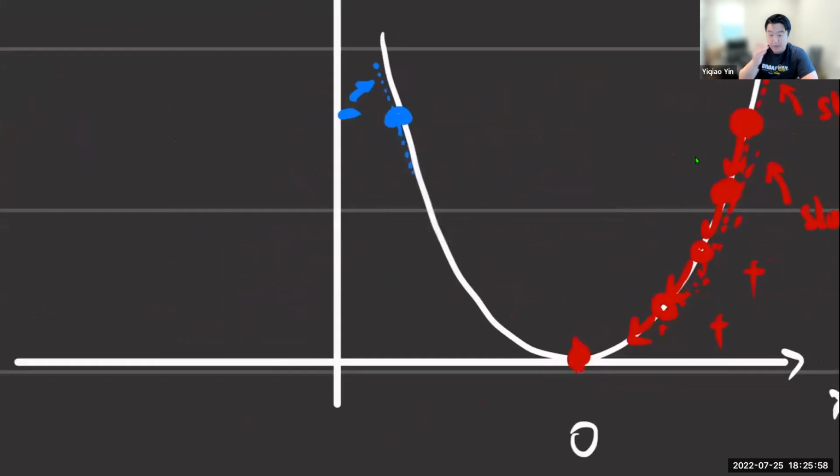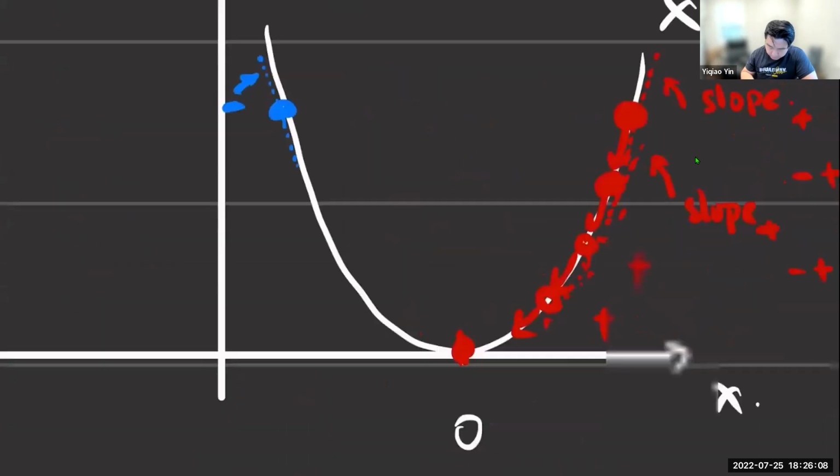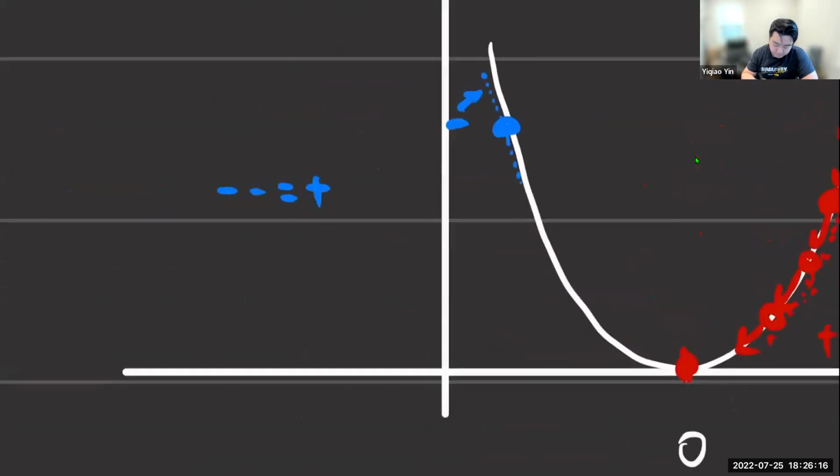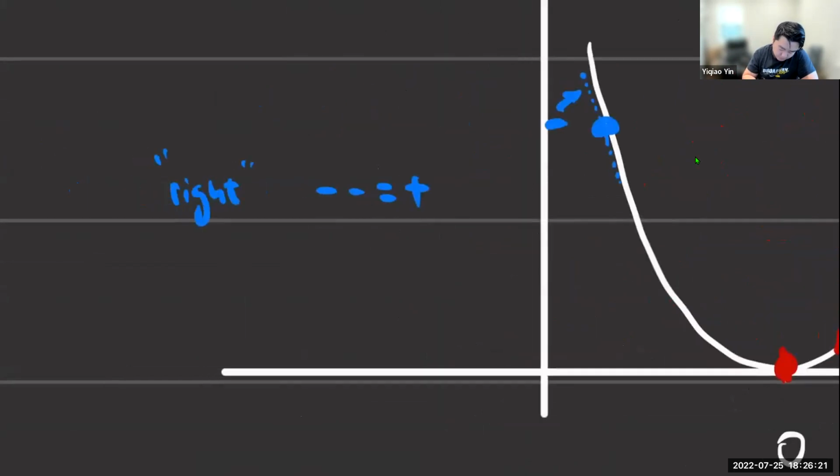But if we're on the left-hand side, subtract a negative number means plus, right? So you go right. Okay, so let's write that down. Let me give it a different color. So minus, minus, that means what? That means plus, right? So that means what? Go right. Okay, so this is go right.